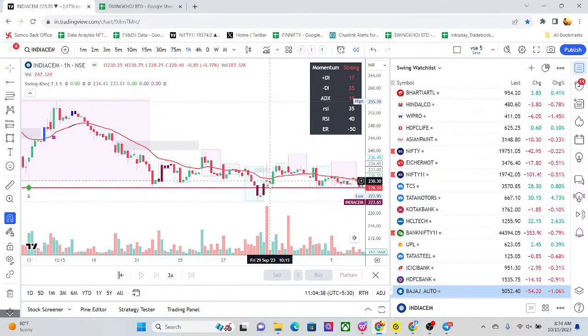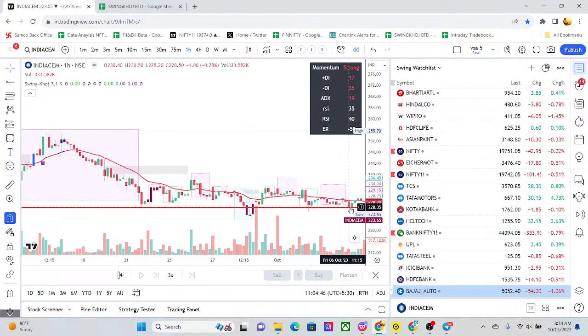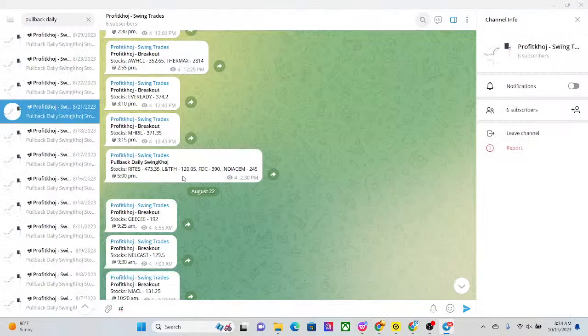So this is an entry, and this was its stop loss. Small stop loss, but the gains are bigger in this. Let's see the next one.